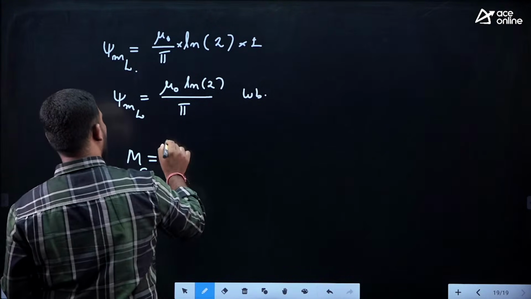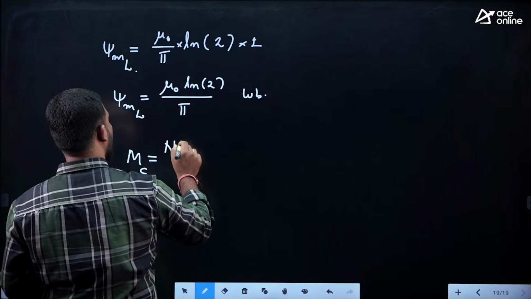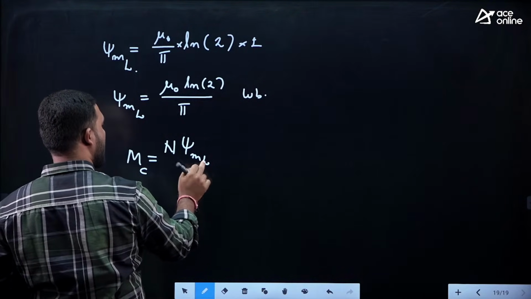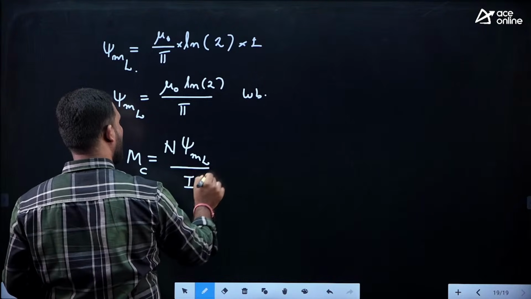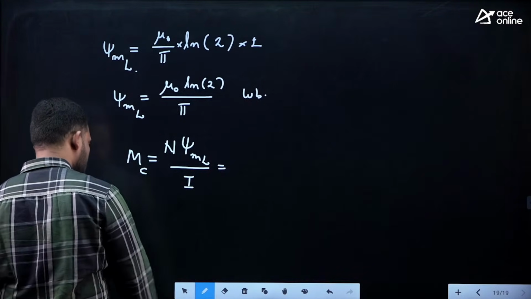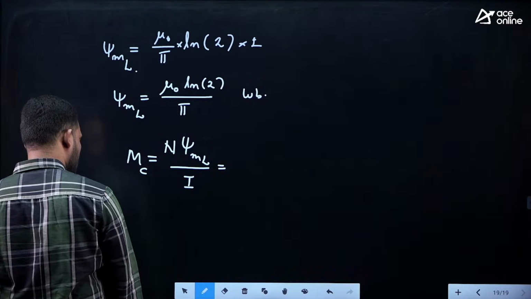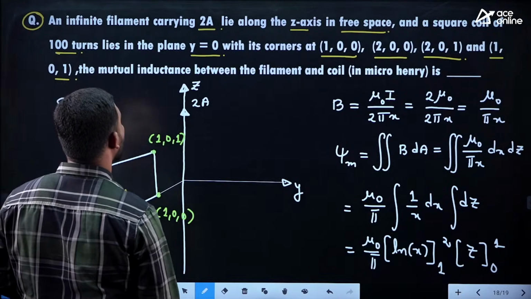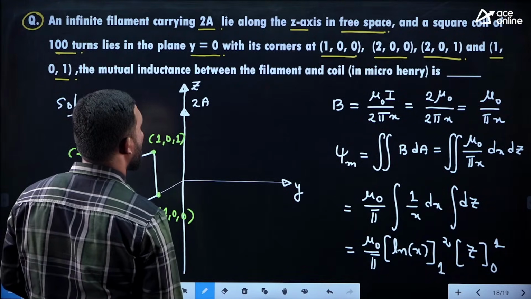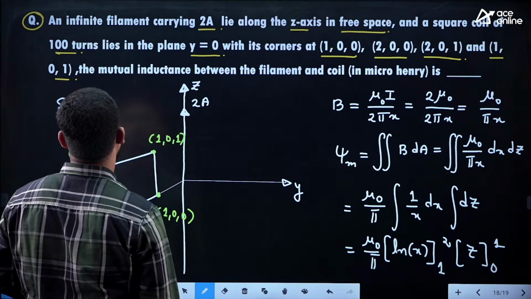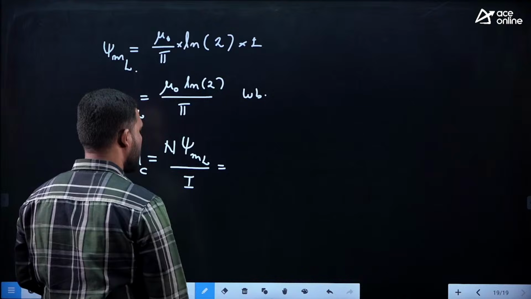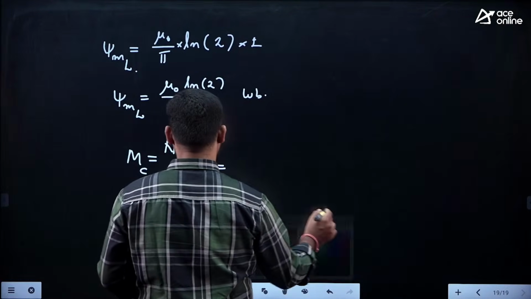So it is the number of turns in the coil into the flux linkage due to the line, divided by the current flowing. Yes, you can substitute all the values here. What is the current? 2 amperes is flowing.